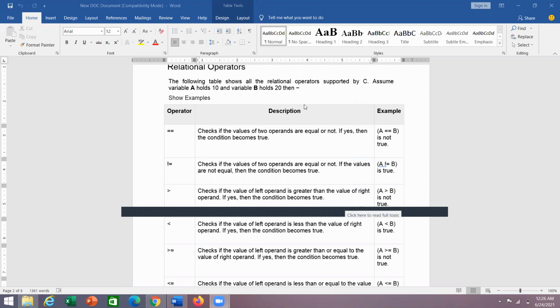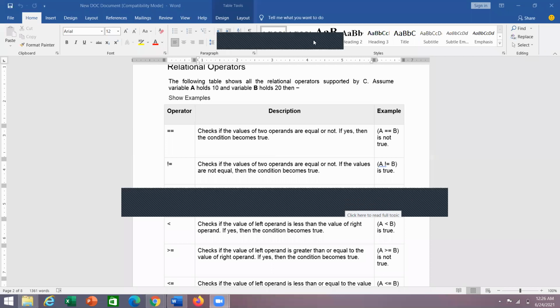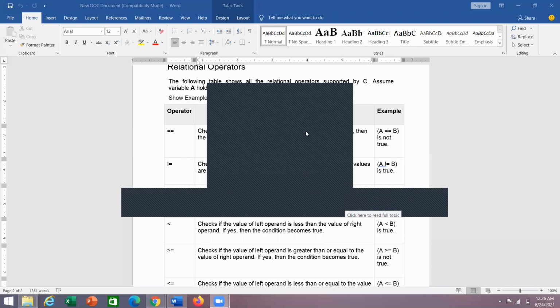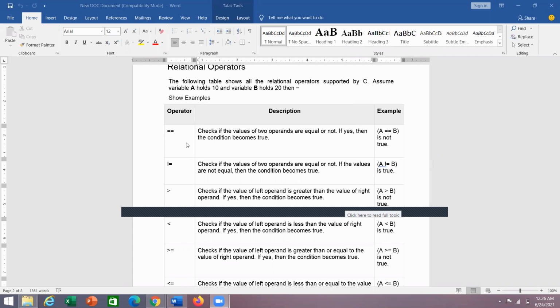Like that, with relational operators we need to compare the two operands.